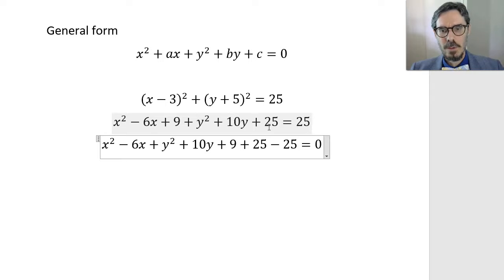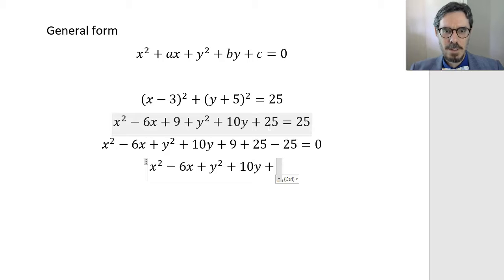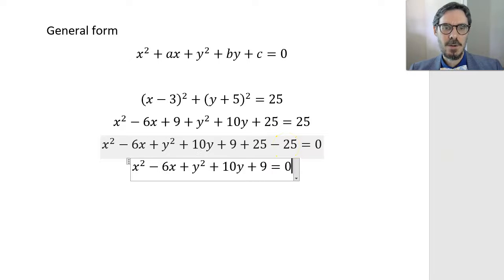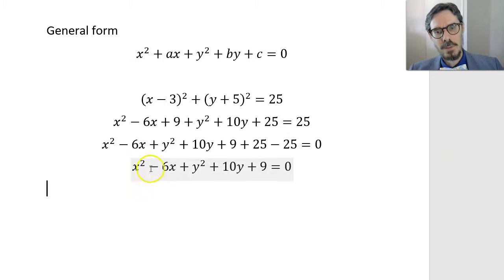And then all I have to do is collect those numbers on the end. Now I'm being lazy, so I'm just going to copy and paste. 25, take 25 is 0. So this one is just plus 9 equals 0. And there I have the general form for this circle written in Cartesian form.